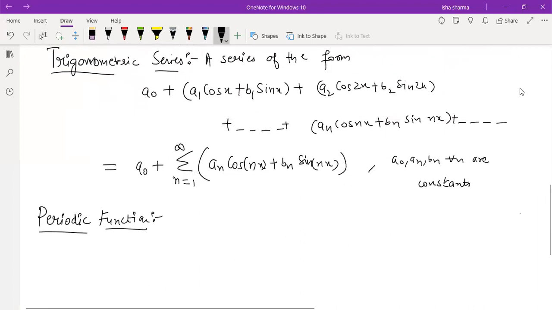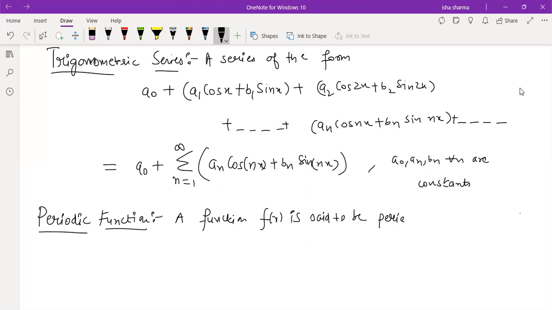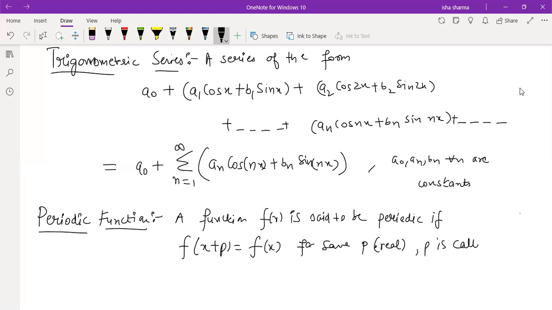So the formal definition for a periodic function: a function f of x is said to be periodic if f of x plus p is f of x for some real p, and p is called the period of f of x.